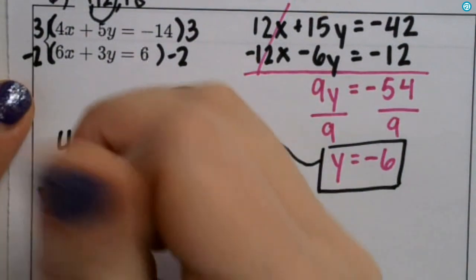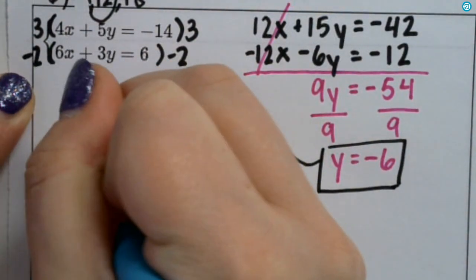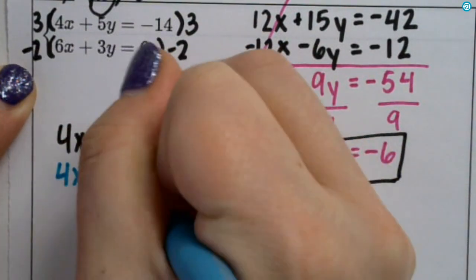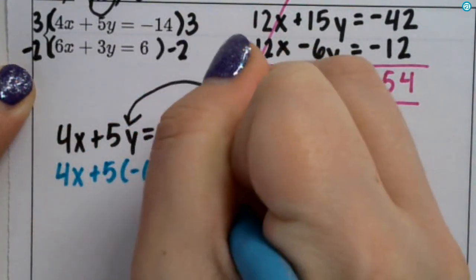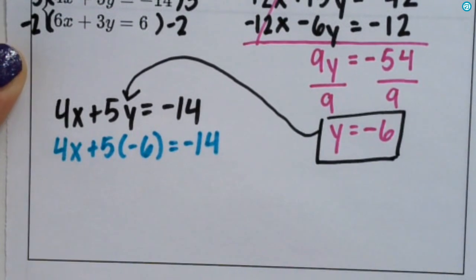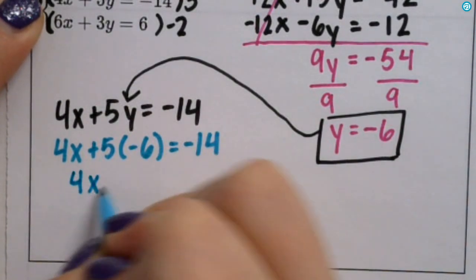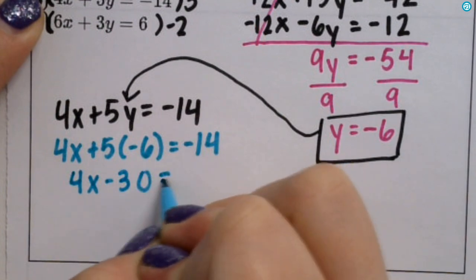So we've got 4x plus 5 times negative 6 equals negative 14. 5 times negative 6 is negative 30. So we've got 4x minus 30 equals negative 14.